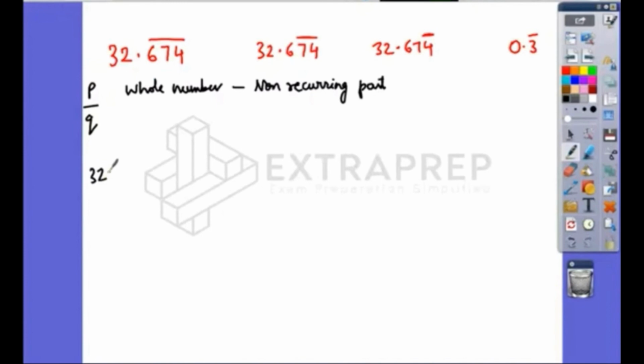So 32674 is the whole number minus the non-recurring part, which is 32. 674 is being repeated, that's neglected. Here 32674 minus 74 is being repeated, so 326. 32674 minus 3267. Good. Here 3 minus non-recurring is 0.